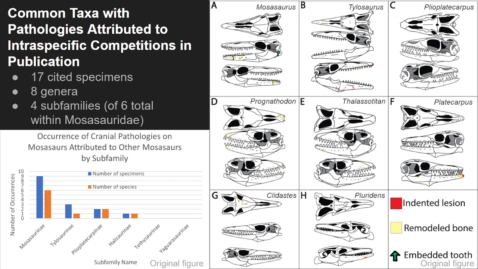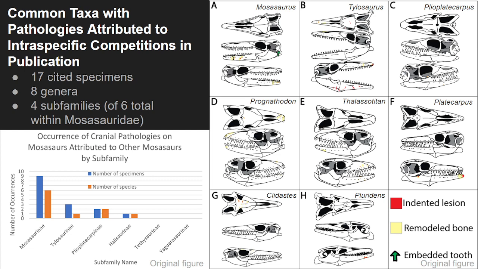I would like to define that Mosasaurus, Prognathodon, Thalassatitan, and Cleidastes are all members of the subfamily Mosasaurinae, and the Mosasaurines are seemingly the most common members of the Mosasauridae that possess these cranial pathologies that we would associate with injury. This is across 8 total genera, as I listed there, A through H.